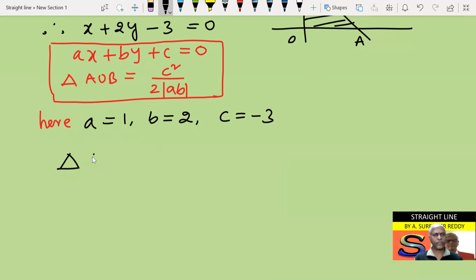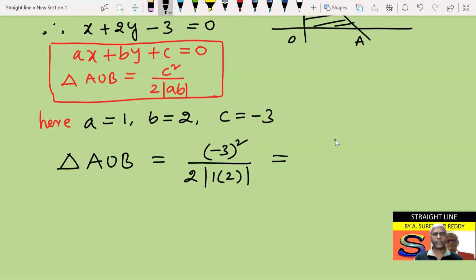Now, the area of the triangle AOB is equal to C square, minus 3 square, by 2 into A value 1, B value 2. So minus 3 square is 9, 2 into 2 is 4.